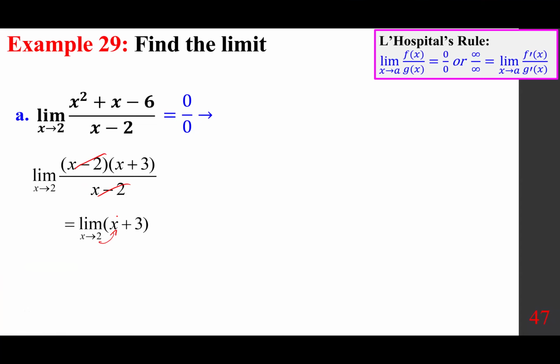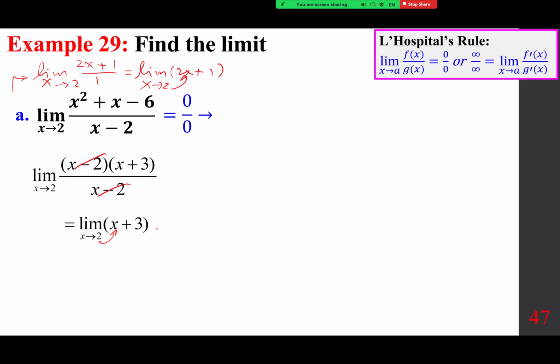I'm going to show you with L'Hopital's rule, okay? If I want to go with L'Hopital's rule, it becomes the limit of 2x plus 1 over 1, or the limit of 2x plus 1. And x is approaching what number? 2. X is approaching 2.